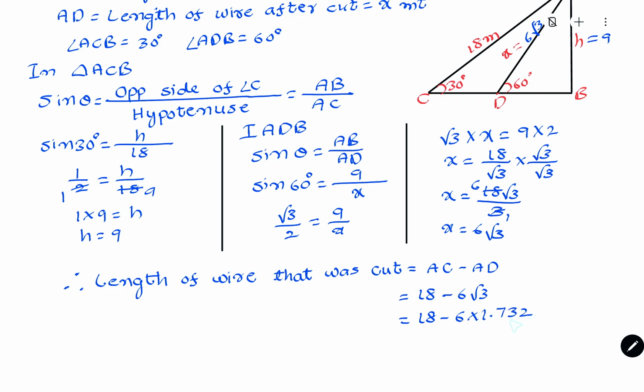Now multiply 6 into 1.732. Then 18 minus 10.392. Now subtract 18 minus 10.392. Then we get 7.608 meters. This is the answer.